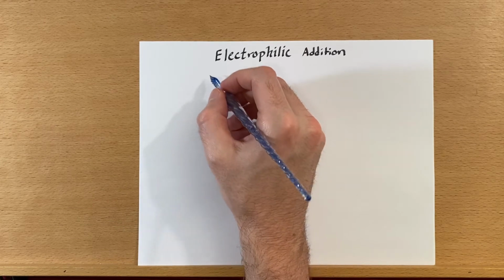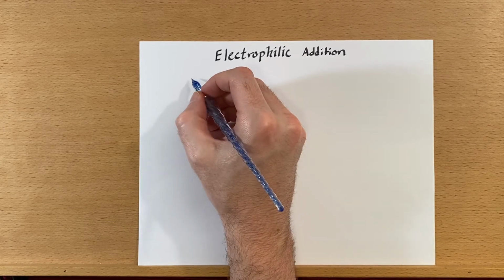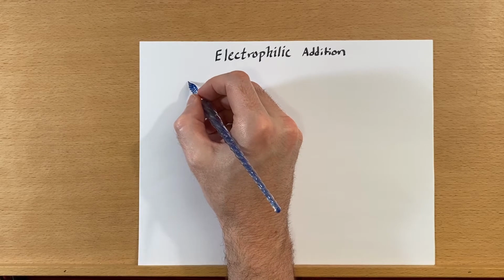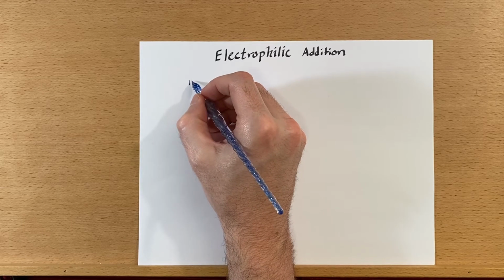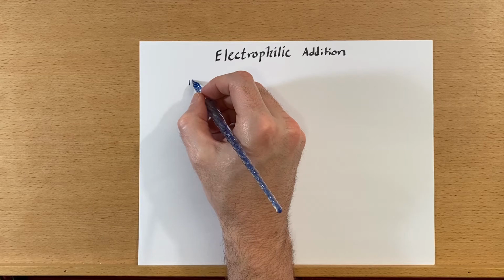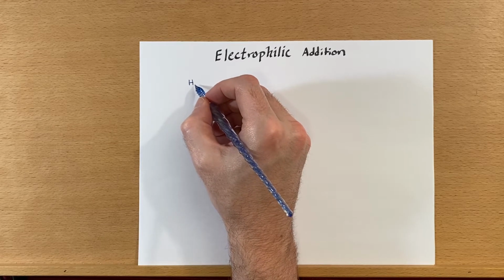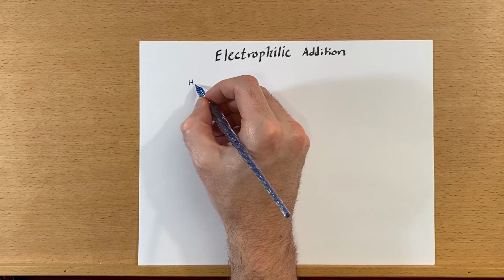So in this case, we're going to start off with something that has a lot of electrons available to it, and that is going to attack something that would like electrons.